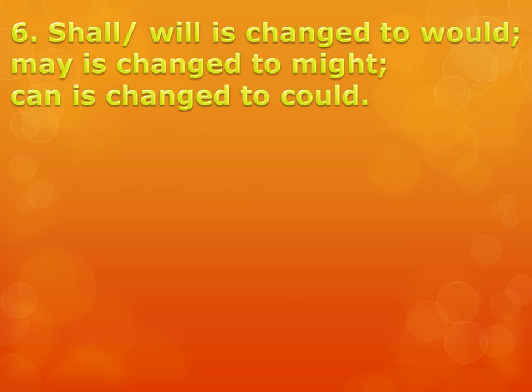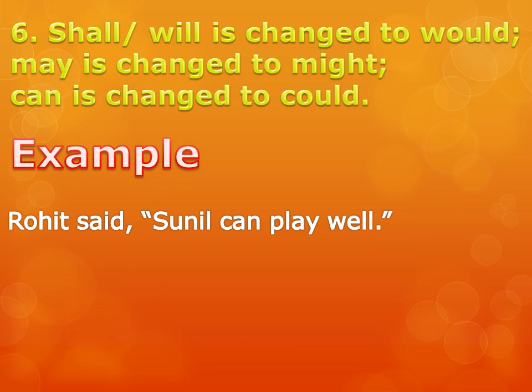Rule number 6. Shall, will is changed to would. May is changed to might. Can is changed to could. Now let's take an example. Rohit said, Sunil can play well.